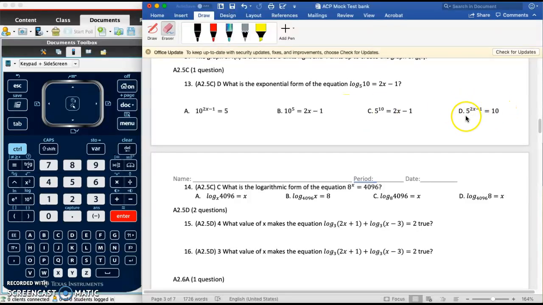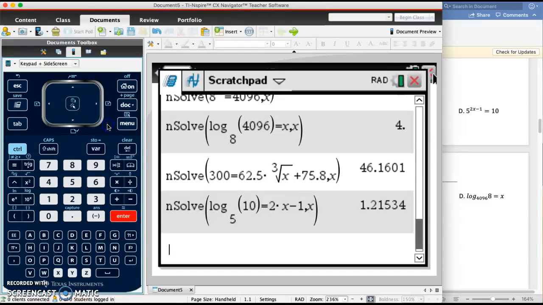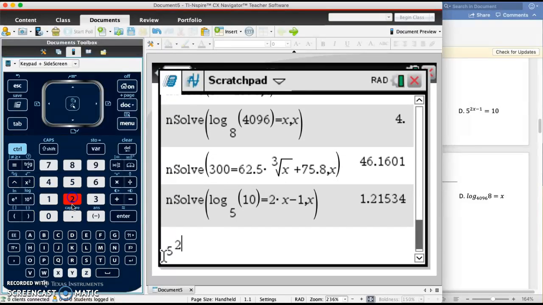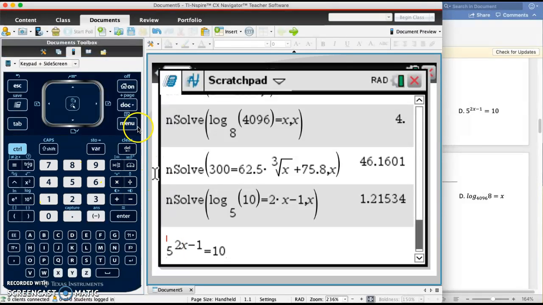If we do answer D, we're going to go 5 raised to the 2x minus 1. From here, I'm going to press equals, and then 10. Oh, I forgot to en-solve that.